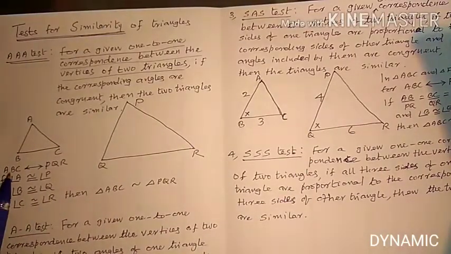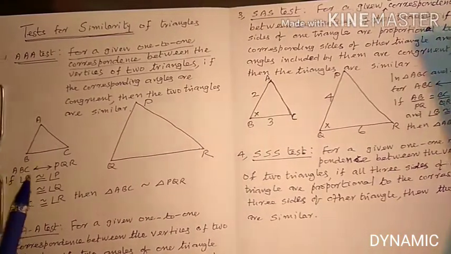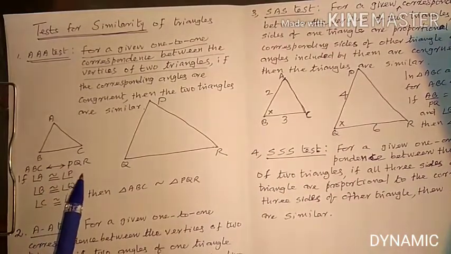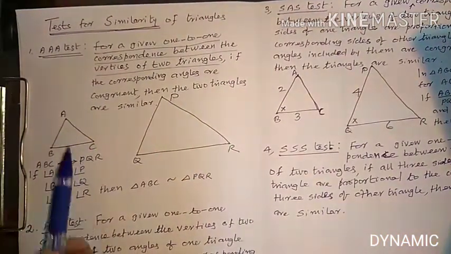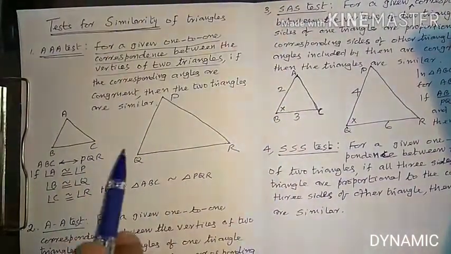The correspondence given here, suppose ABC corresponds to PQR. Triangle ABC, triangle PQR. These are two triangles.